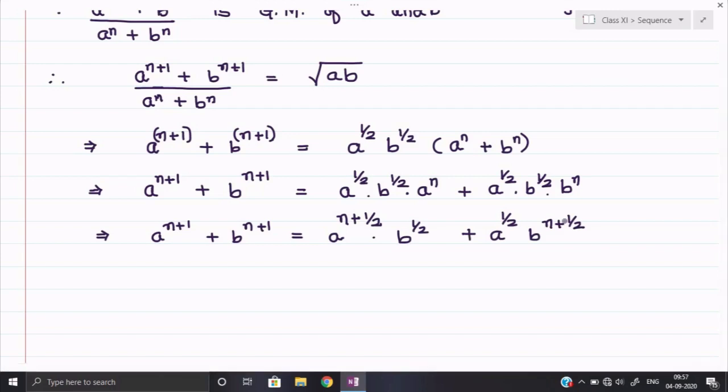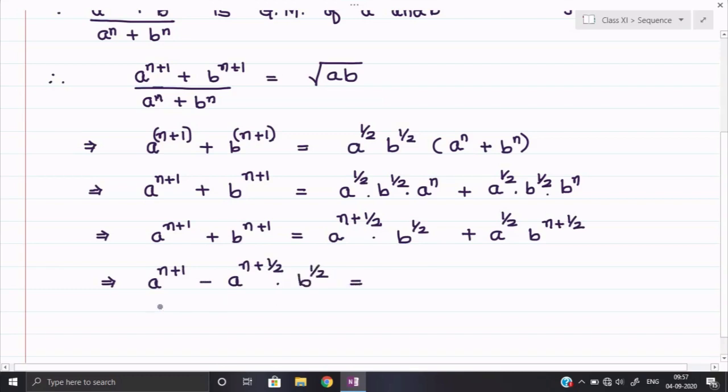For example, look at the left hand side. We have one term a to the power n+1. And from the right hand side, we can bring here a to the power (n+1)/2 into b to the power 1/2. That we can bring because both are having the same base and the powers are also similar.